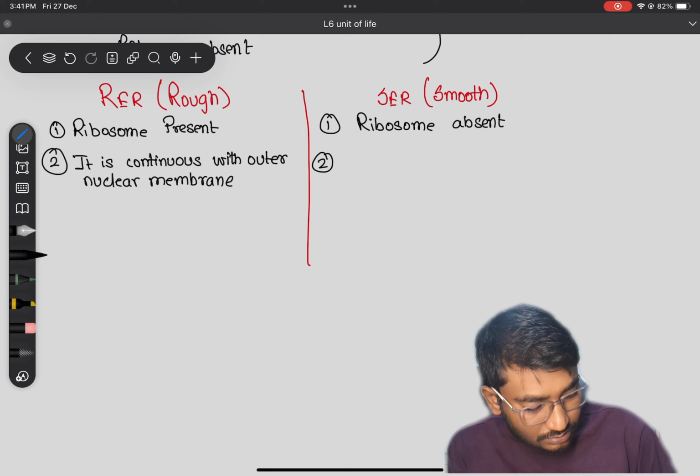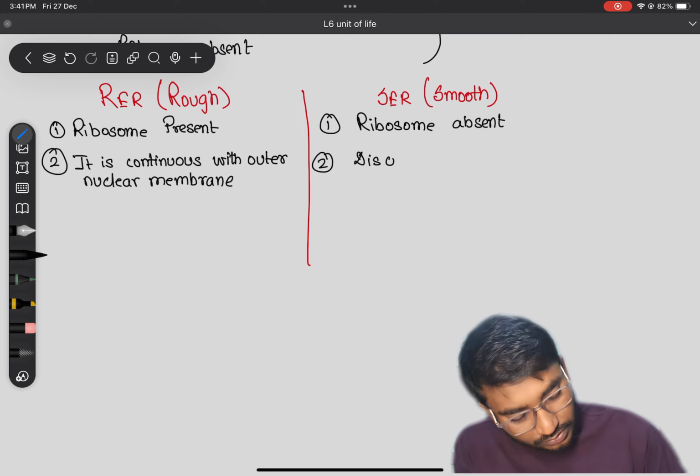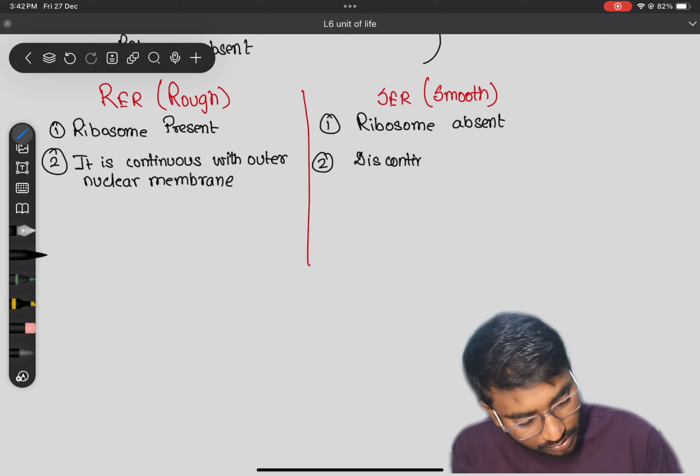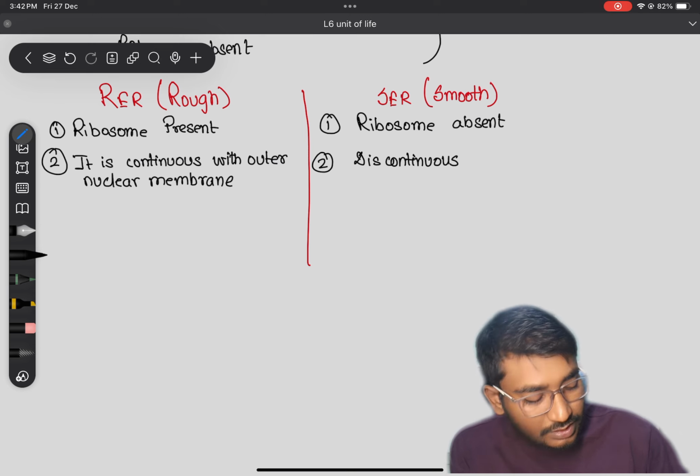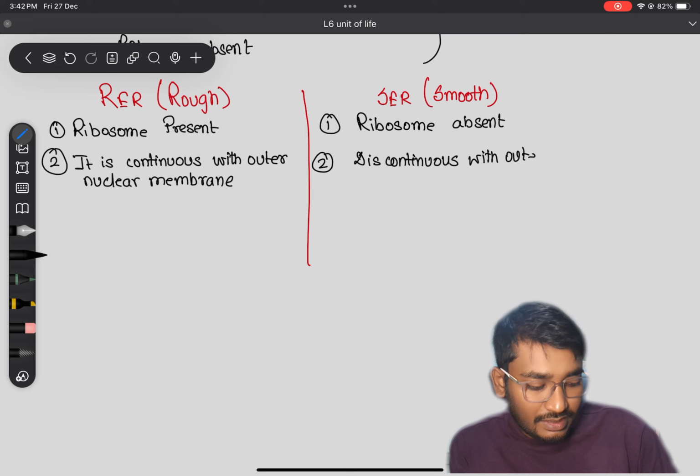Discontinuous with outer nuclear membrane. यह आउटर न्यूक्लियर मेम्ब्रेन के साथ कंटिन्यू नहीं करता है.